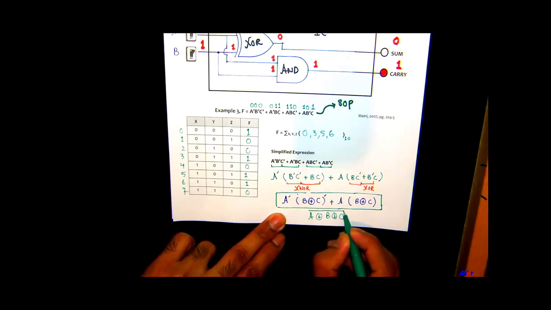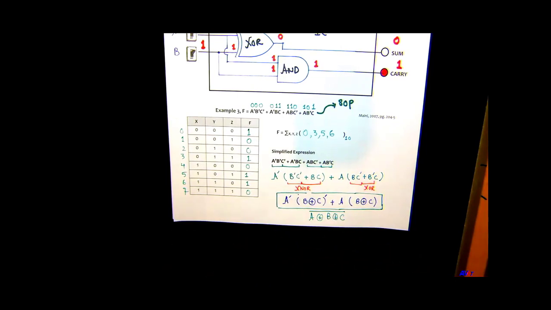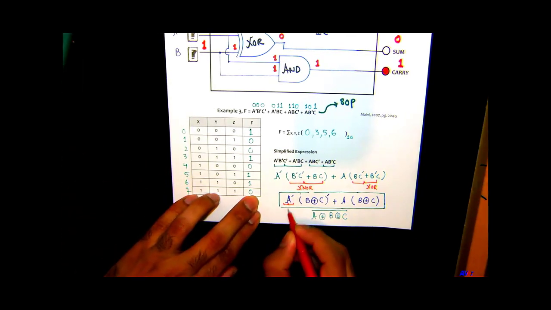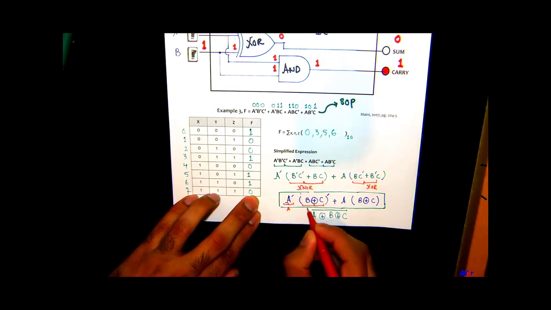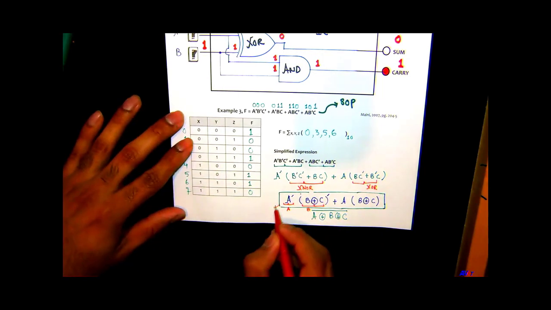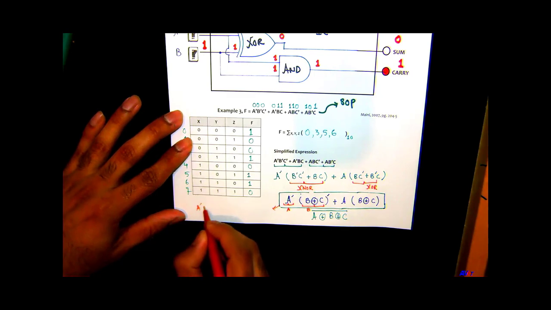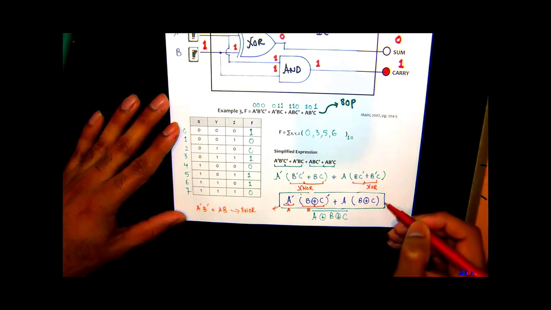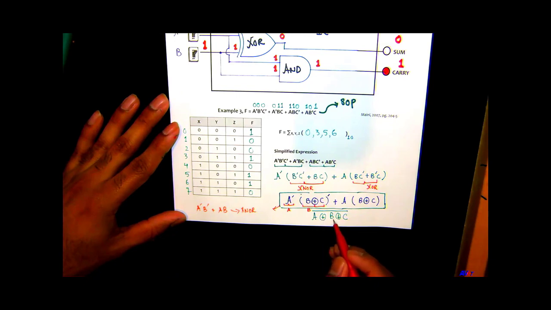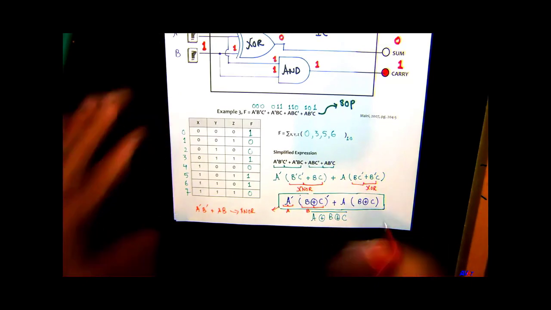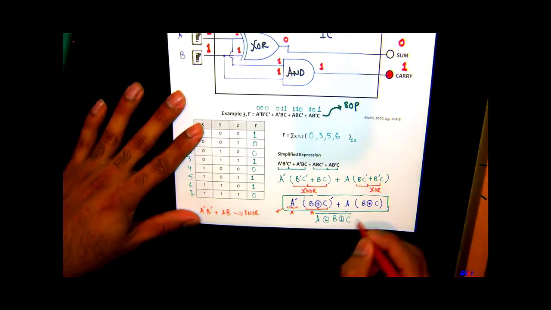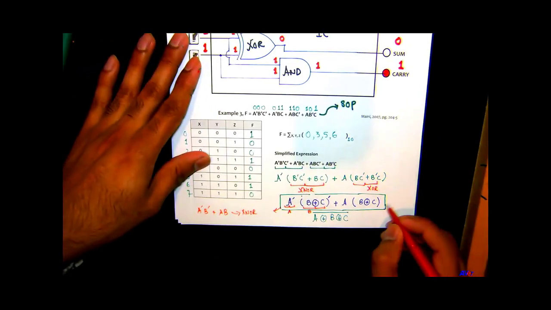If you treat this as, say, a, and you treat this as b, it actually makes a bar b bar plus ab, which is again another exclusive NOR. So you can transform this equation into a plus b plus c, with a bar on the whole thing. That makes an exclusive NOR gate. But let's not worry about this part. We'll take this equation right here.